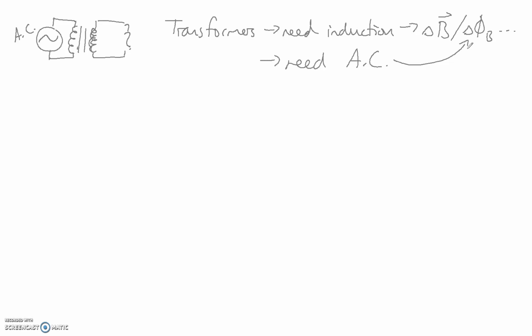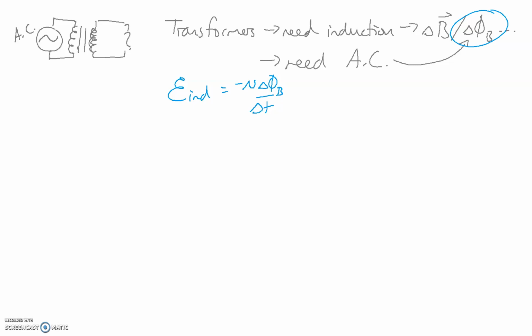Now, when you have the whole AC thing going on, you have to have that changing flux. So let's go back to our original expression we had for induced EMF. For the induced EMF, you guys had negative N change in flux divided by change in T. So we're going to show you how this actually works, where it actually comes from for AC.